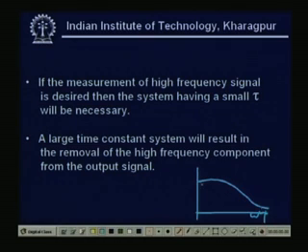With tau constant, the high frequency component of the output signal falls. If I want to take the reading here, my output attenuation will be quite large, so I will not get any output. That is why we say a large time constant system results in the removal of high frequency components from the output signal.